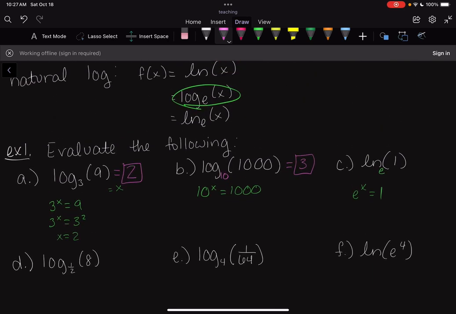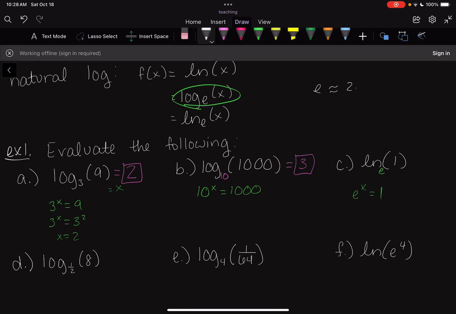E is just a number. E is a number kind of like pi, where pi goes on forever and ever, so we just call it pi. E is the same thing. It goes on forever and ever, so we just call it e. But it's a really common base to see. It's used in a lot of application problems.